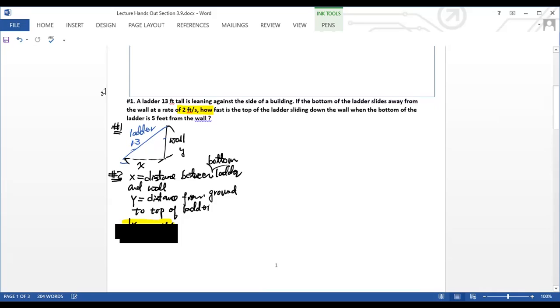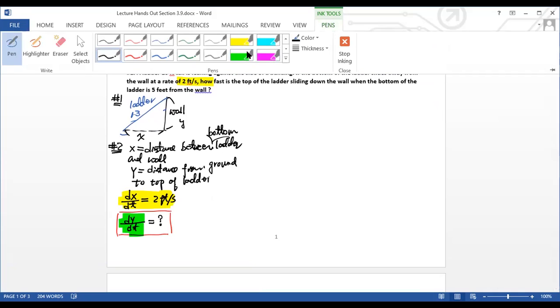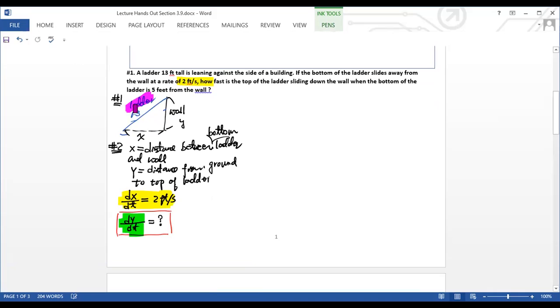So if you go back to here, those are the problems. I do have a constant here, right? Which one is my constant? The ladder is not going to change. The ladder is 13 feet. Now let's take a look at step number 3 for this problem. This one is pretty easy.